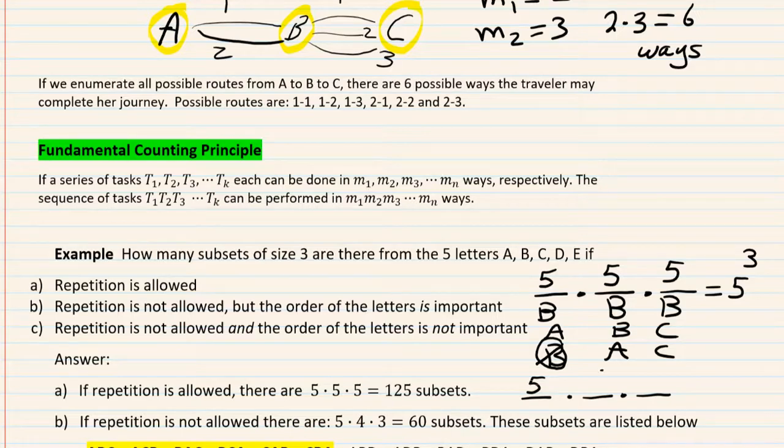For the next spot, I have only 4 letters to choose from. Let's say I chose A. For the next spot, both B and A are out, so I'm only allowed 3 choices. That would be C, D, or E. So if repetition isn't allowed and order is important, there are 60 ways of doing this.